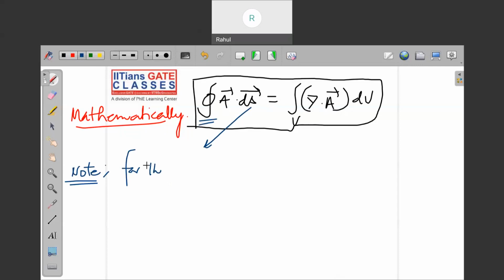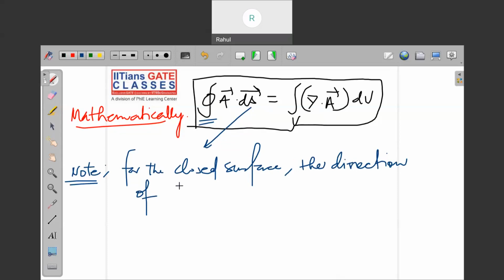For the closed surface, the direction of little ds, the differential surface, is always outward.